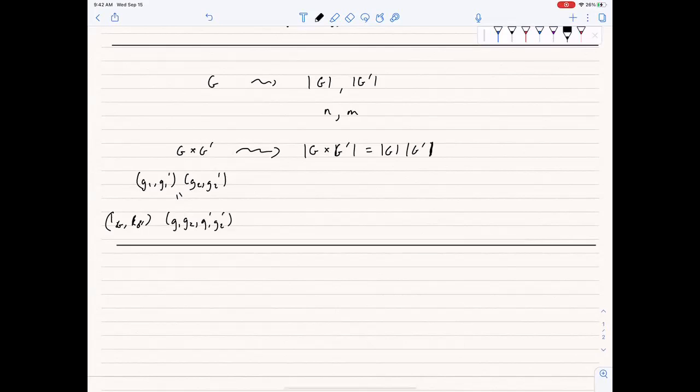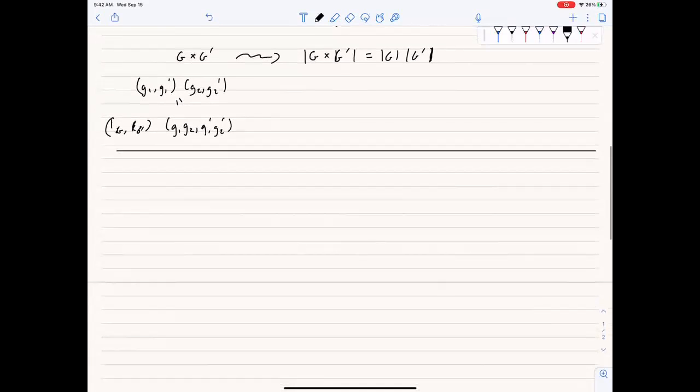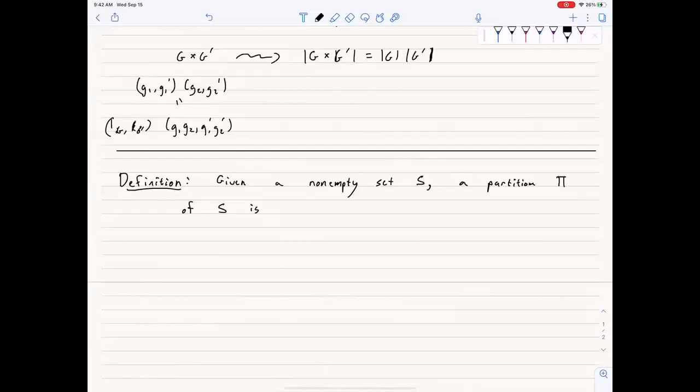But before we get there, we need to understand something about sets. So I want to define two things. First is a partition. So given a non-empty set S, a partition, which I'll label capital Pi of S, is a collection of non-empty subsets.